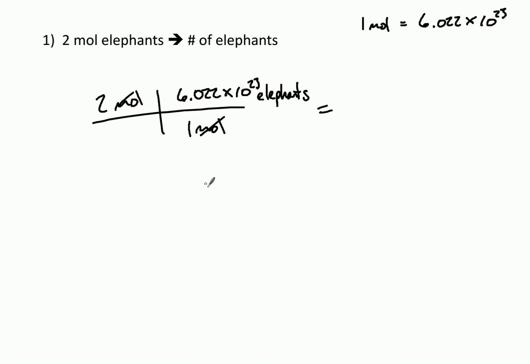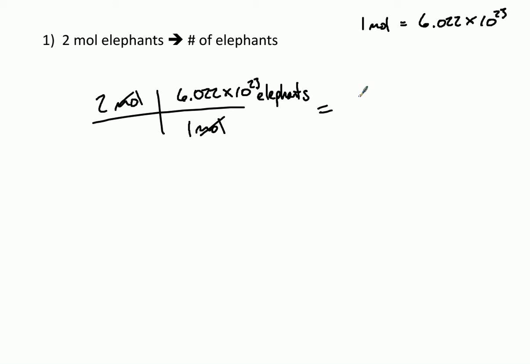But on that whole worksheet, you're either multiplying or dividing by 6.022 times 10 to the 23rd. If you were given moles to start, you need to multiply. If you're given a huge number of something, you need to divide by 6.022 times 10 to the 23rd. So just use the appropriate conversion factor, flip this whichever direction you want so you can get an answer.